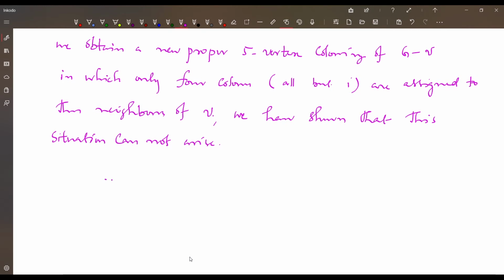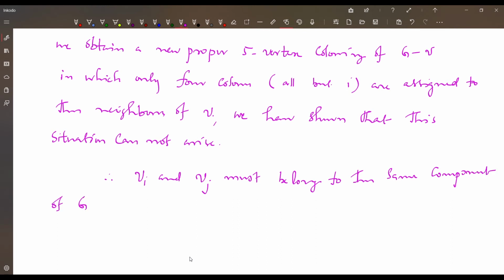Therefore, Vi and Vj must belong to the same component of Gij.